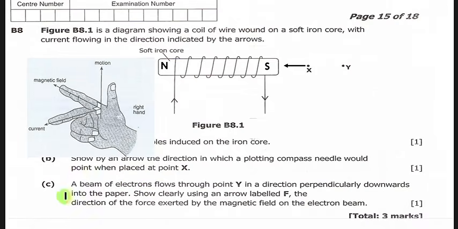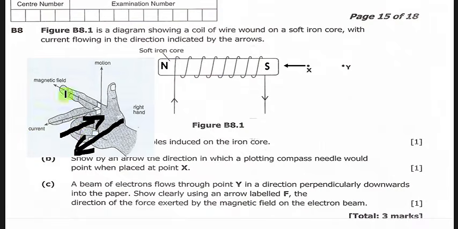So if electrons are going into the page like this, entering into the page, then current must be coming out like this. That's how it is. If current is coming out like this, then it means electrons are going like this, pointing into the page.